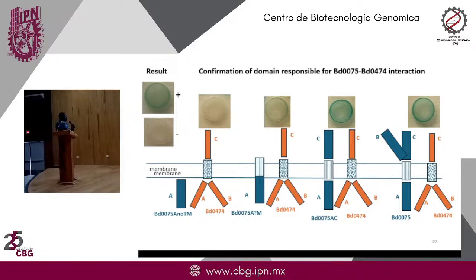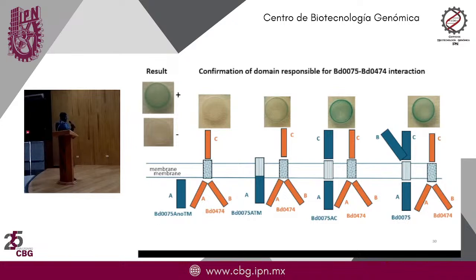Now, when we deleted all the domains of 75, just leaving the A domain, which is predicted to be in the cytoplasm, we found that there was no interaction. Now, we included in another protein species the transmembrane domain, because these are transmembrane proteins, like I said earlier on.